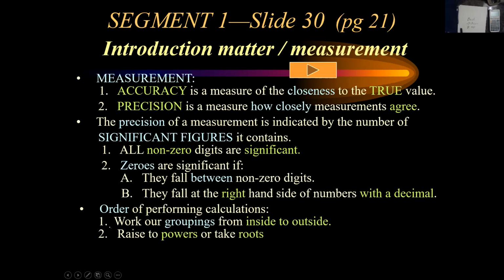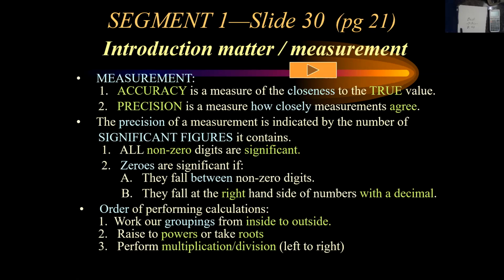The first order is grouping, which just puts things together into smaller pieces. Break that big problem up into little problems. Then the next operation it'll do is multiplication and division, and it can do them in any order that you want. I'm going to do left to right, because when I'm entering numbers in my calculator, I take the index finger on my left hand and follow along the numbers and the operations as I put them in.